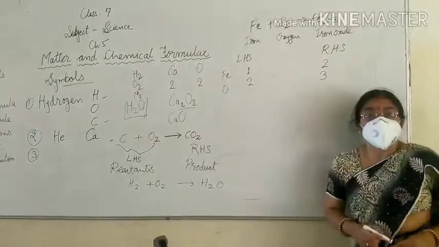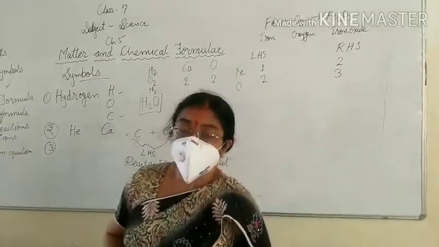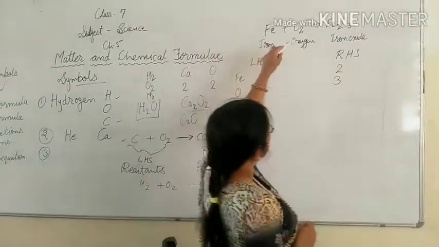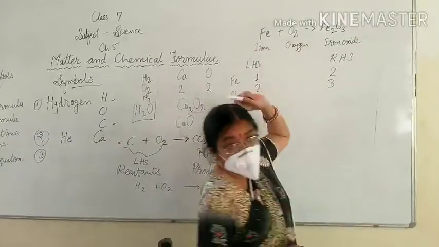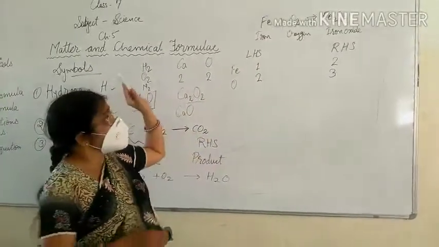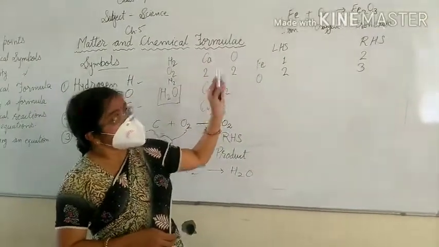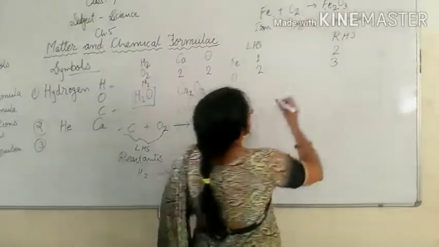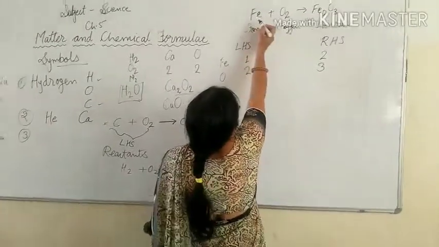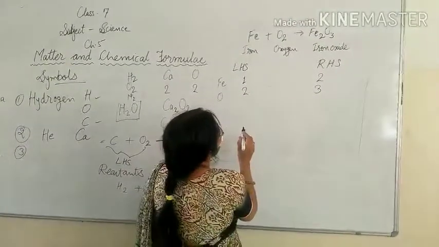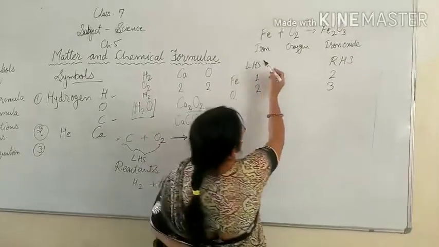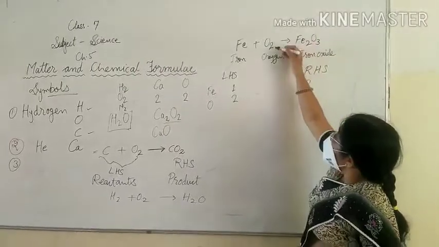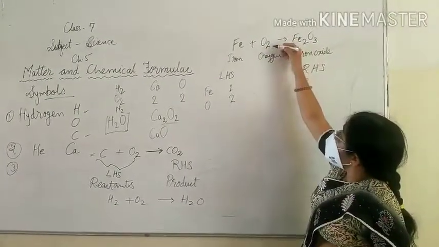So we will write a coefficient to balance this equation. Here we will not disturb the subscripts. We will only put a proper coefficient to make the number of atoms equal on both sides. Here oxygen atoms are 3 on this side and 2 on the other.